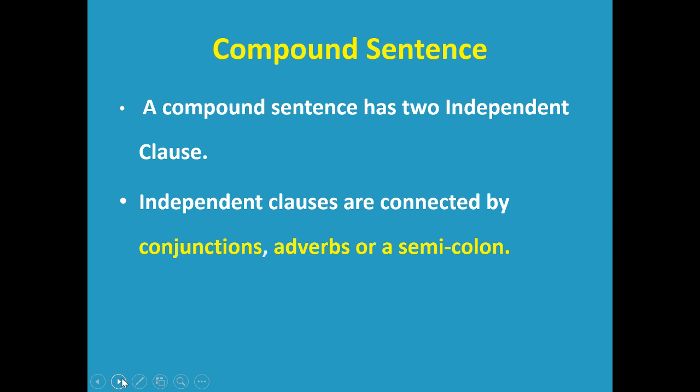Next is compound sentence. A compound sentence has two independent clauses. Now, an independent clause can stay on its own and make a full meaning. And it has a full meaning, right?